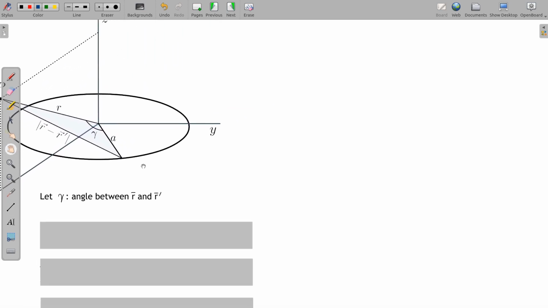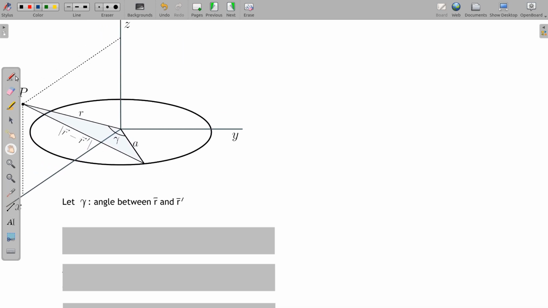So we use a very basic result from vector analysis. Suppose I have a vector a, and then another vector b. This is vector a minus b. Let's say the angle between these two vectors is theta.